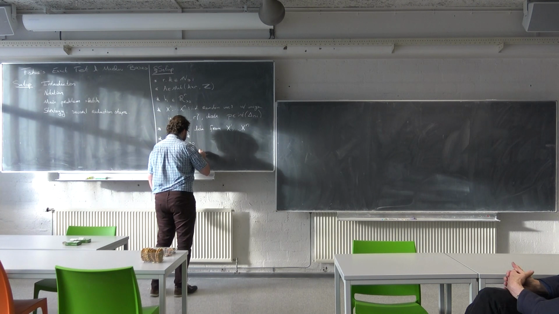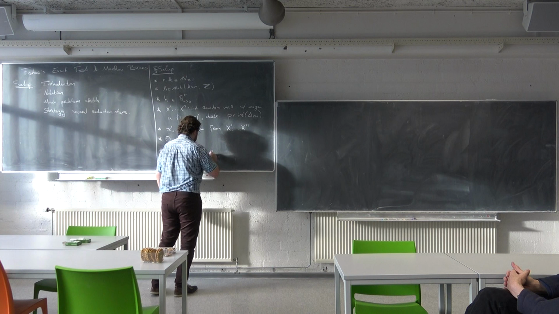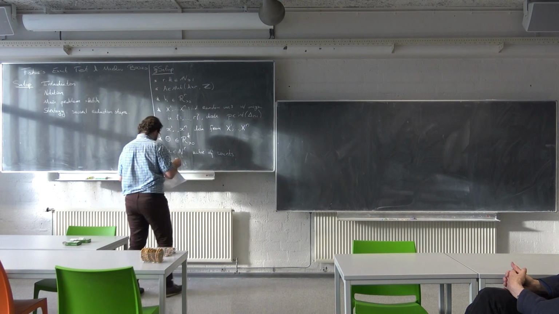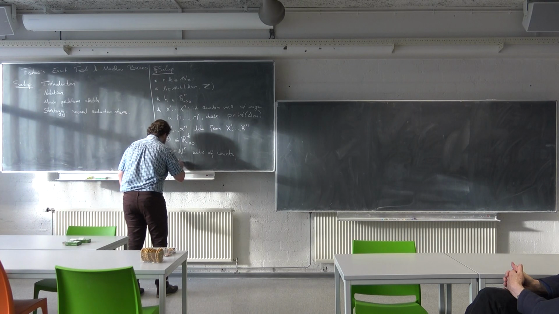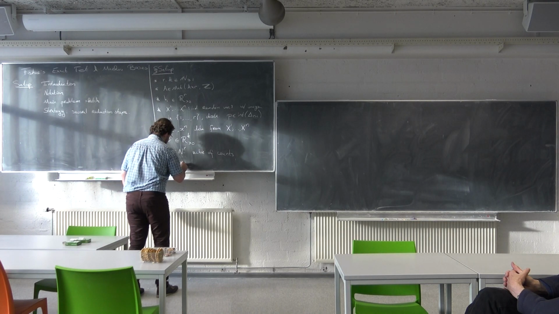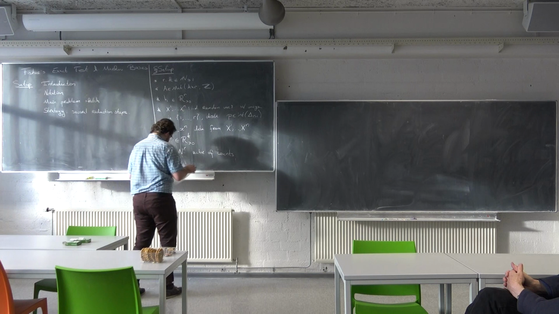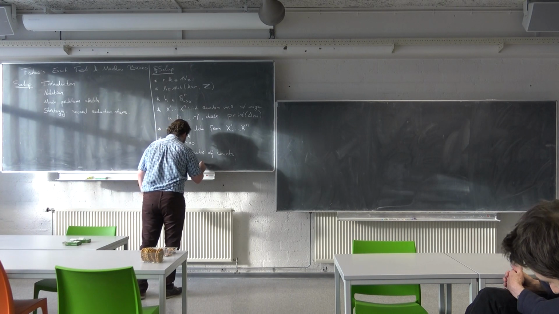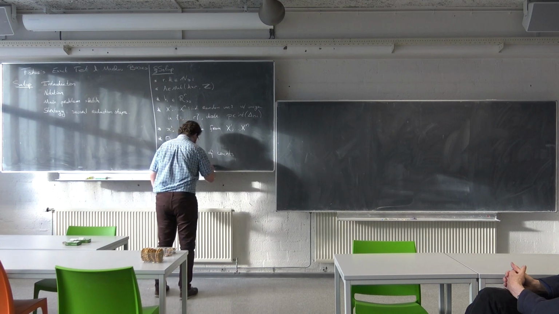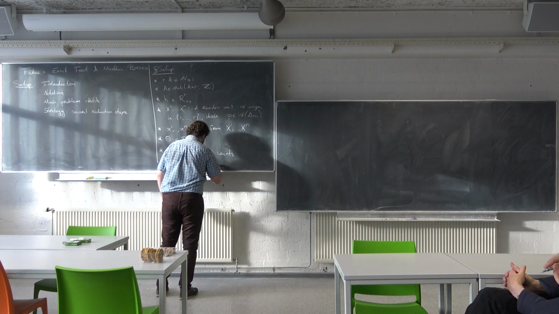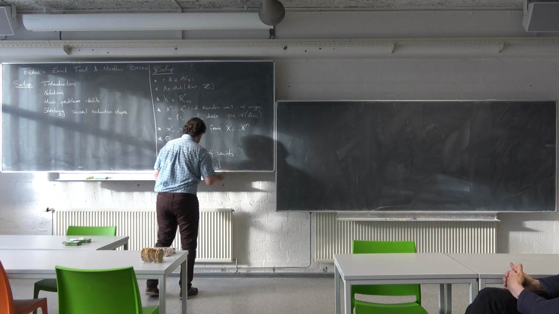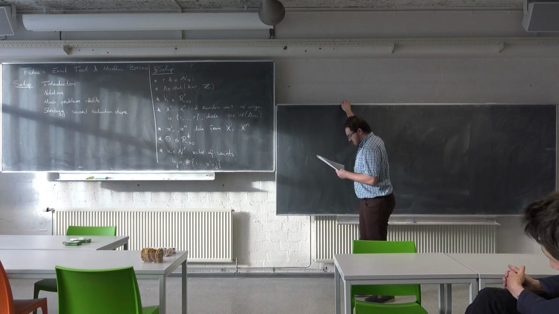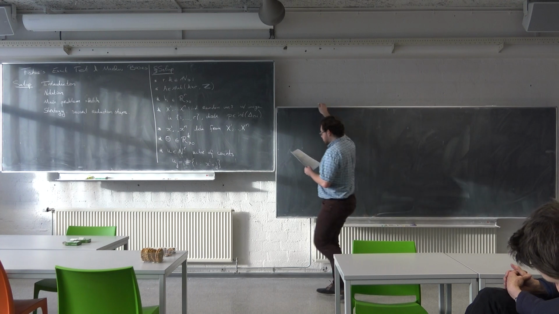This will be a vector of counts, by which I mean that every jth coordinate equals the number of i such that xi is equal to j. So we have some data, we count how often every option occurs.